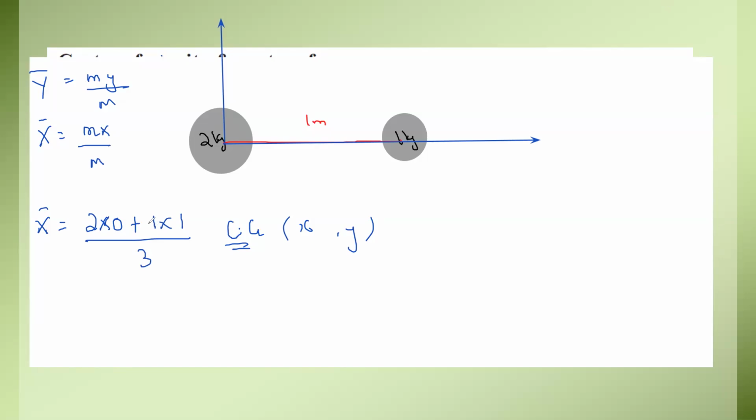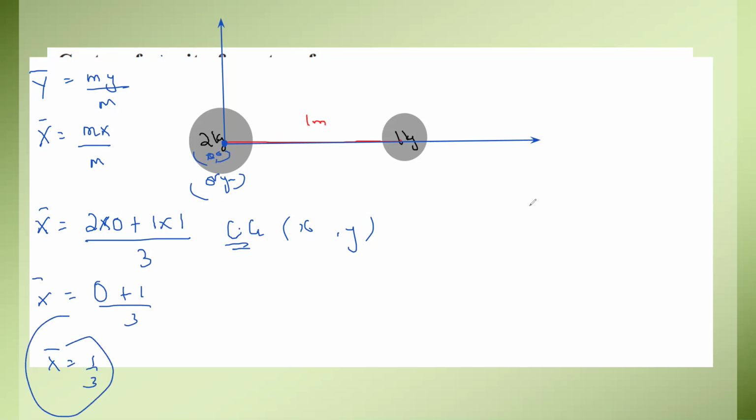Why 0? Because this is at the origin. I took the axis from here, so this is at the origin. The value of x and y at the origin is always 0. So this will be 2 multiplied by 0 is 0, plus 1, divided by 3. So the x coordinate will be 1 by 3.